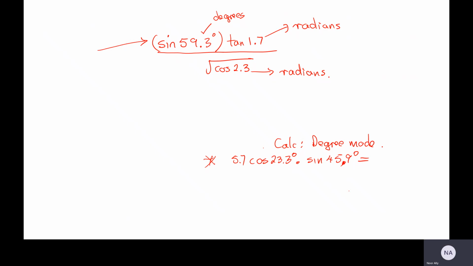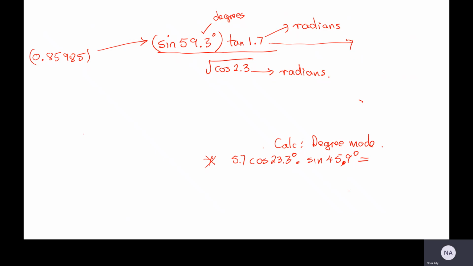Work out sine of 59.3. You go to your calculator and say, oh, that's degrees, so I'll have to change it to the correct mode, put it into degrees, and find sine of 59.3 degrees. I'm going to write this answer here, 0.85985. Then I go to tangent 1.7.